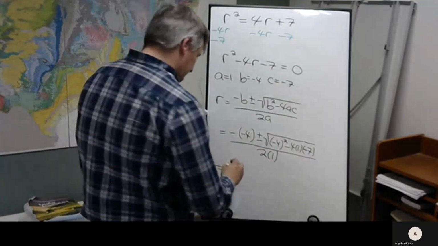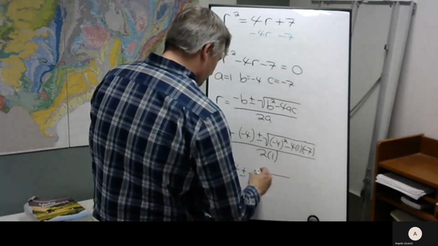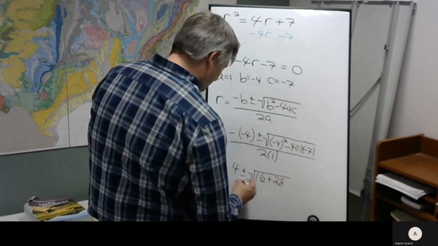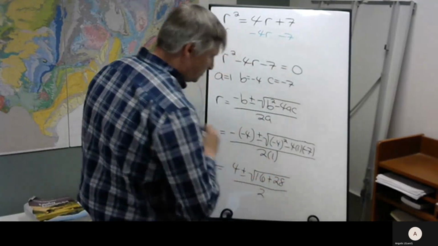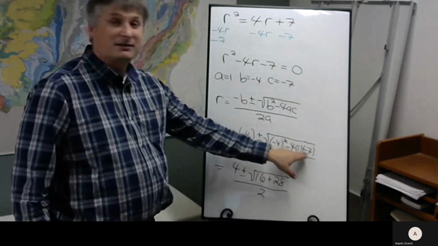So we get 4 plus or minus the square root of 16 plus 28, divided by 2. And again, it's going to be plus 28, negative and negative.